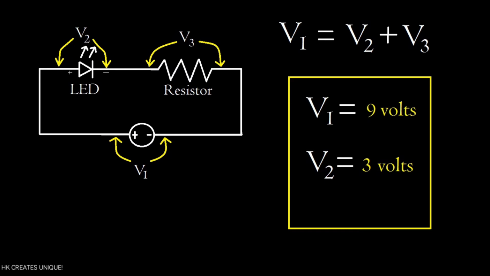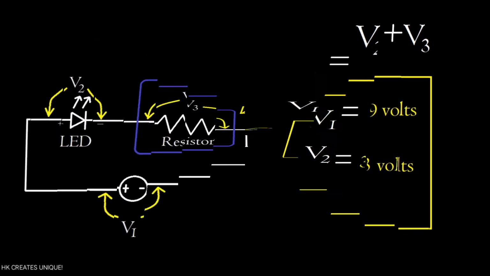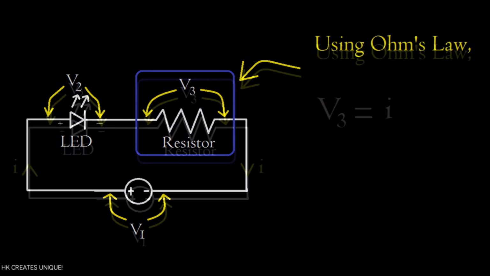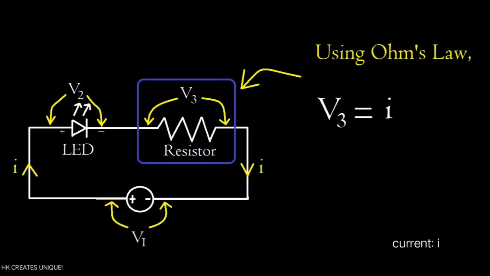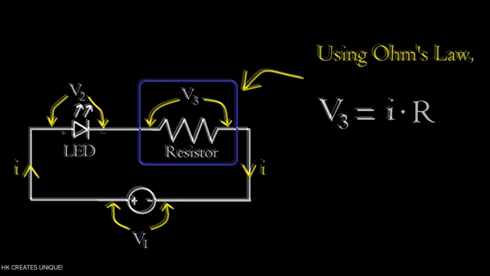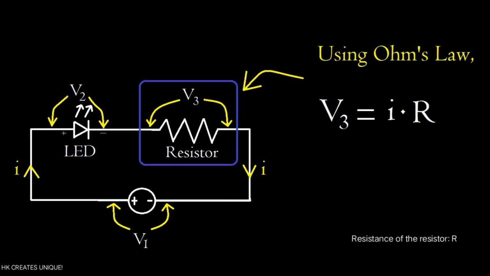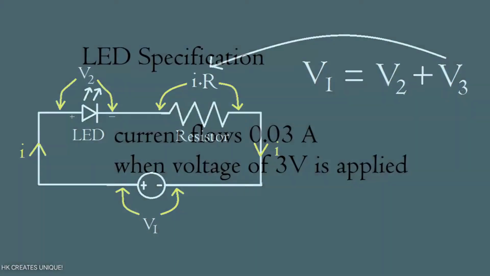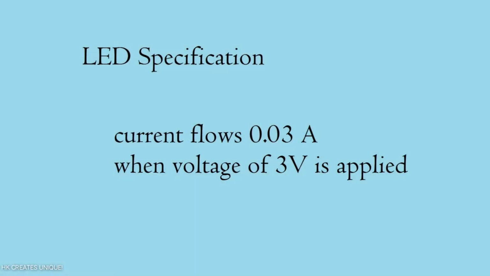Now let's solve for V3. If we apply Ohm's law in the resistor, V3 will be equal to current I in the circuit times resistance of the resistor R. So voltage across the resistor is I times R. The specification of the LED we are using says that current flows 0.03 amps when 3 volts is applied to the LED.